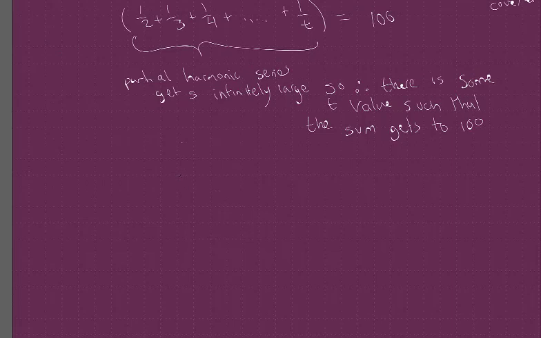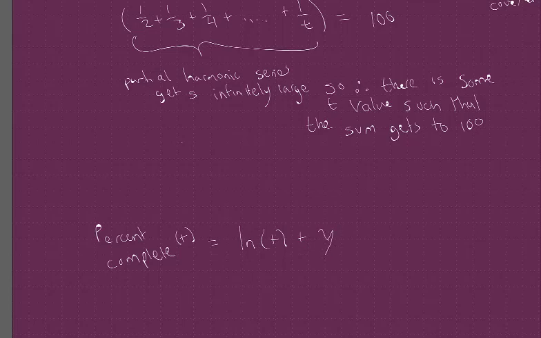Well, it turns out there's an approximation formula that we can use where we can say percent complete of t equals the natural logarithm of t plus this constant value plus 1 over 2 times t.